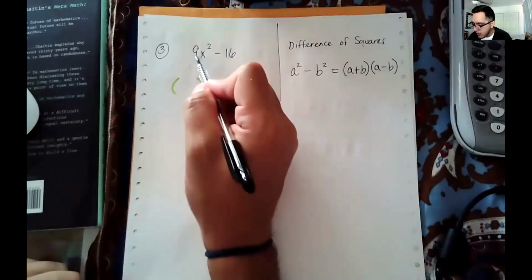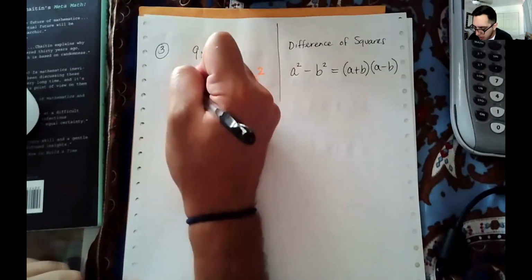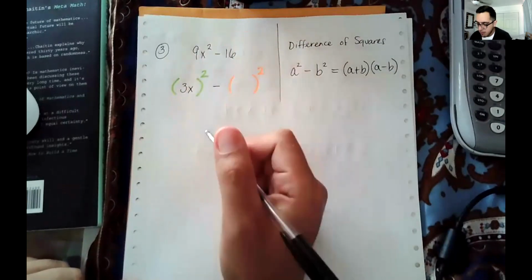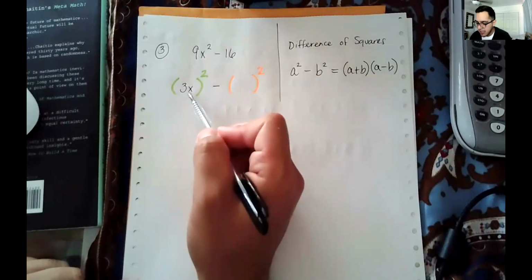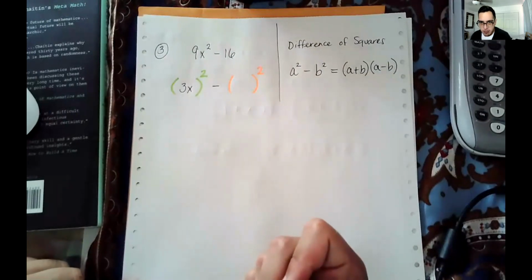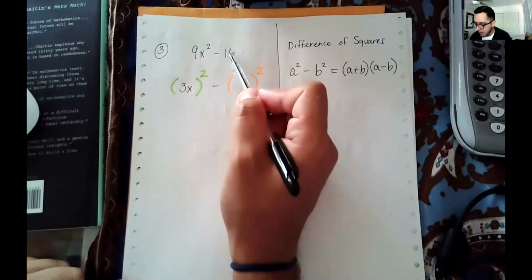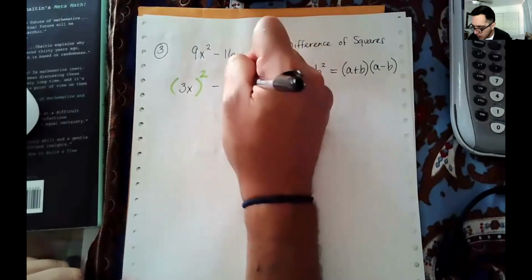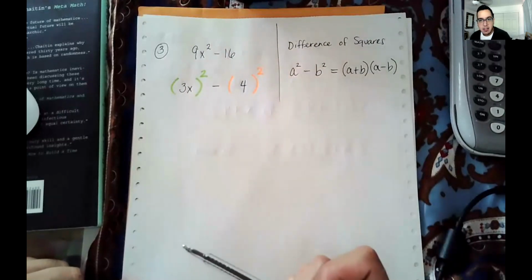Right? So if we took the 9x squared and we took the square root of that, well, then we would have 3x. Because if we were to square this, we would get 9x squared. The same thing with the 16. We know that 4 squared would give me the 16.